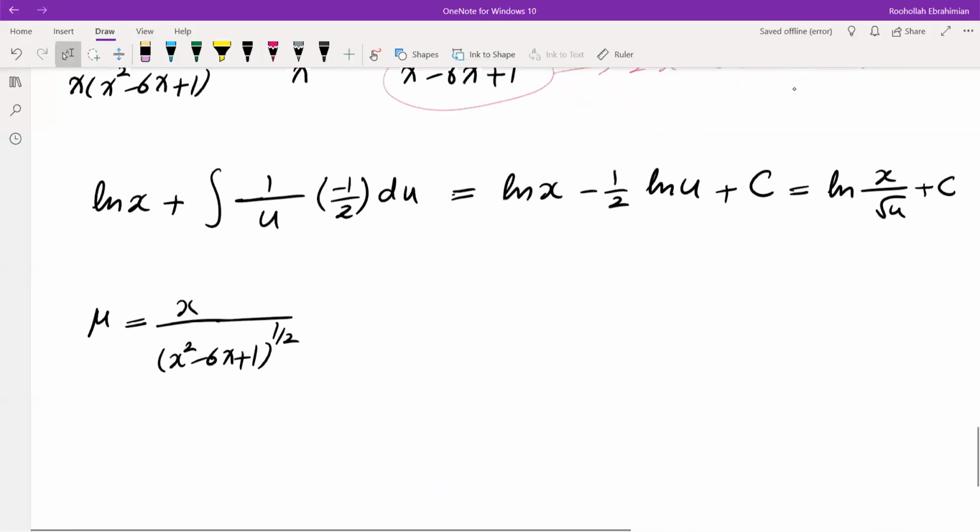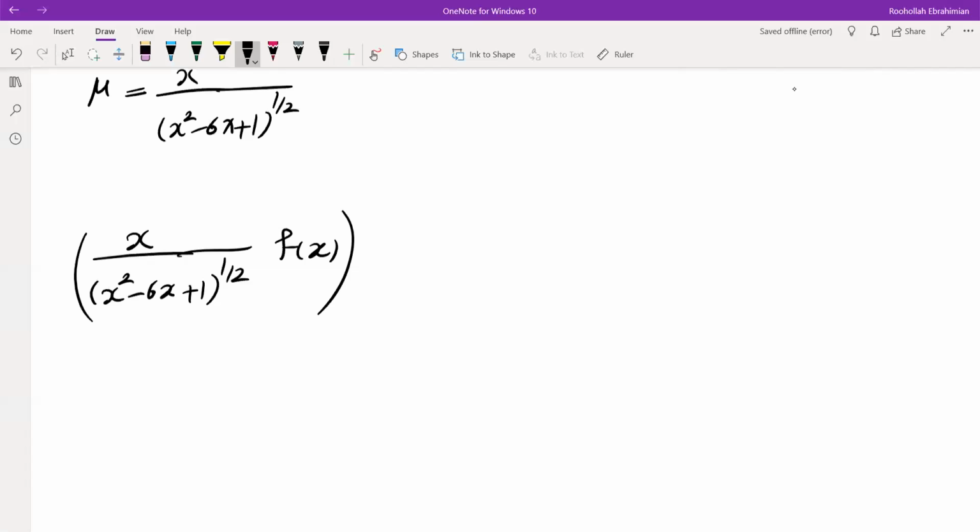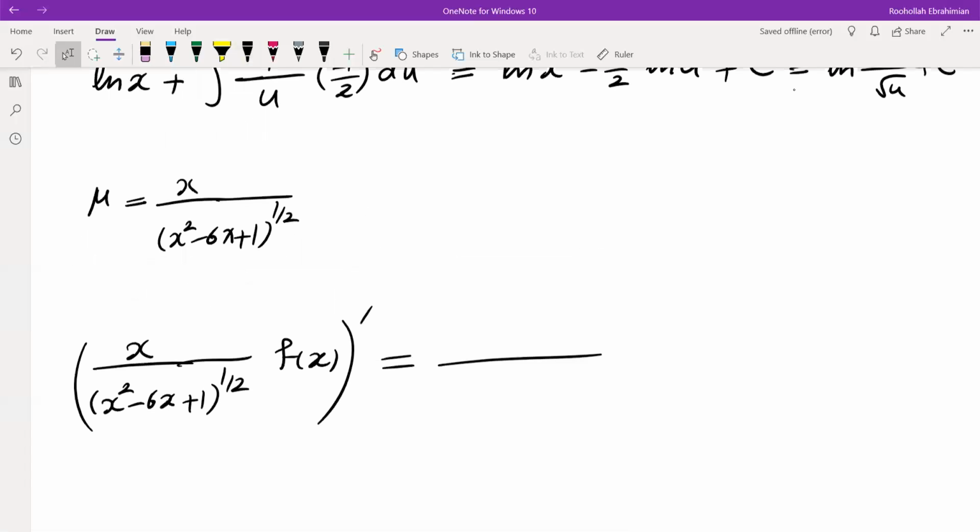So that gives me x over x squared minus 6x plus 1 to the power of 1/2 times f of x prime is equal to the other side multiplied by the same thing. So when you multiply the other side by the same thing, you get x plus 1 on top, and then you get x squared minus 6x plus 1 to the power of 3/2 at the bottom.